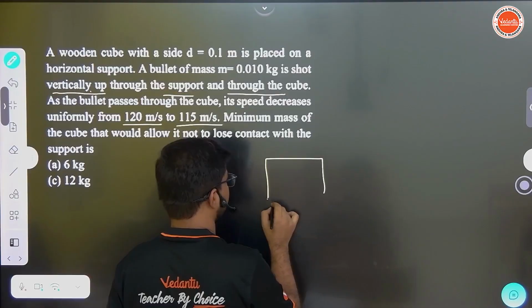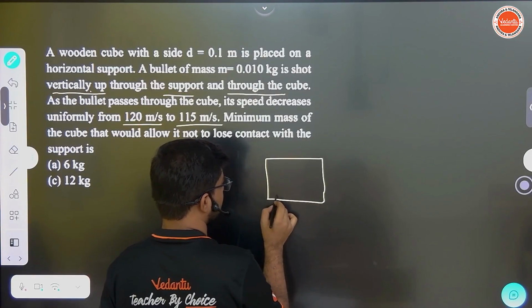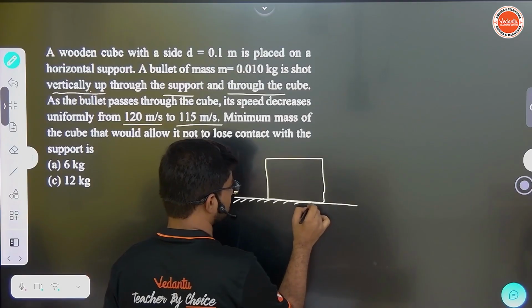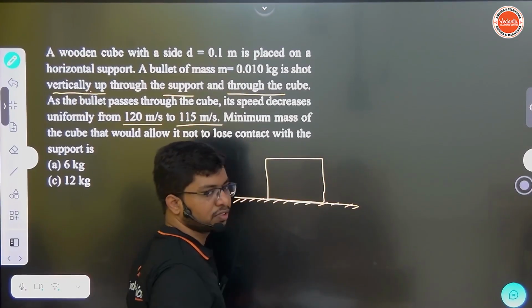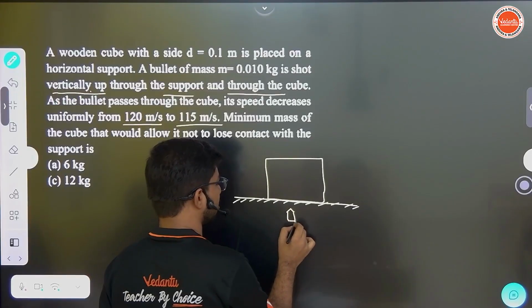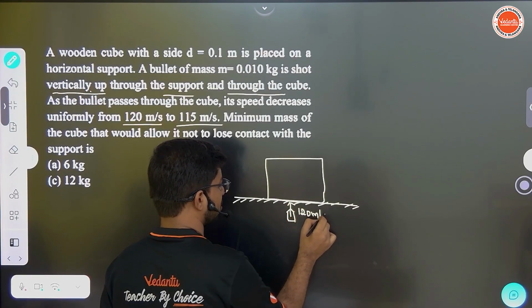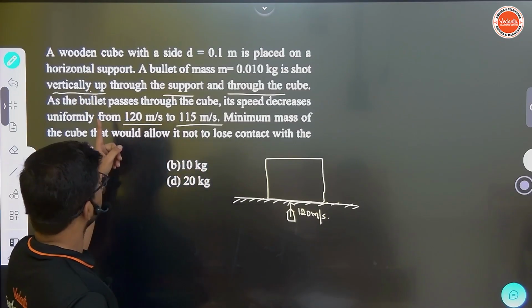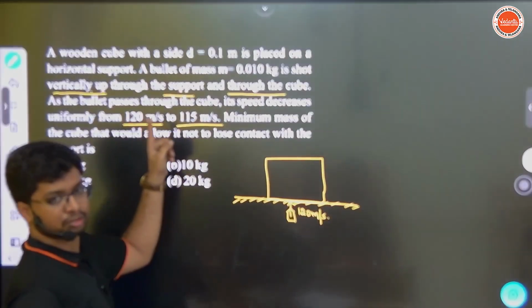That means you have the block over here, which is placed on some kind of support, and you have a bullet coming with a velocity of 120 meter per second. They said that it is shot vertically up, right?